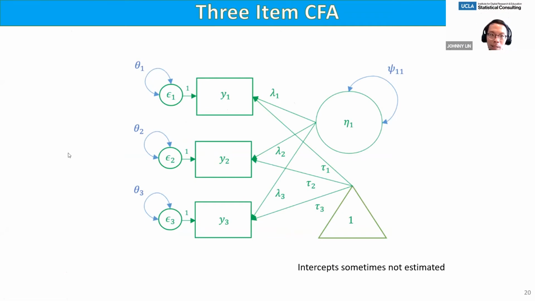So here's our 3-item CFA. We're going to get into actually working with our CFA. Okay, so now you know all the theory behind how to identify a CFA. So this is the exact same path diagram I drew before, right? We're just going to fit this now in lavaan.